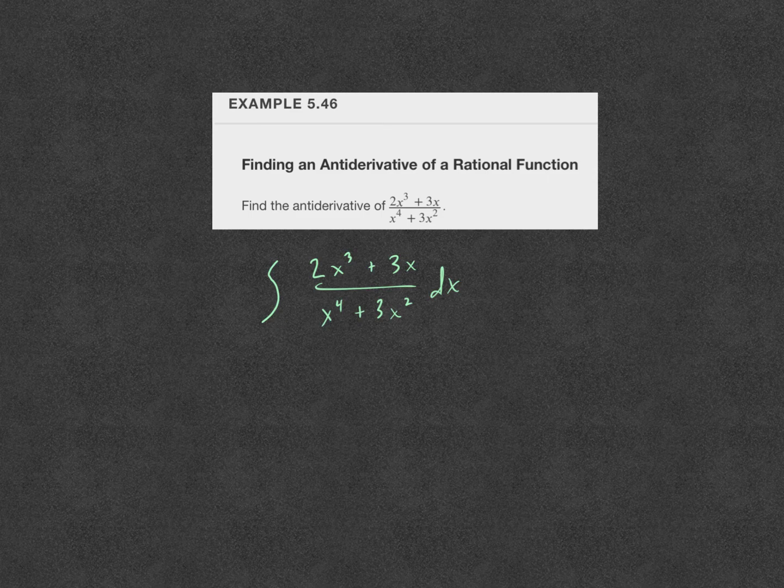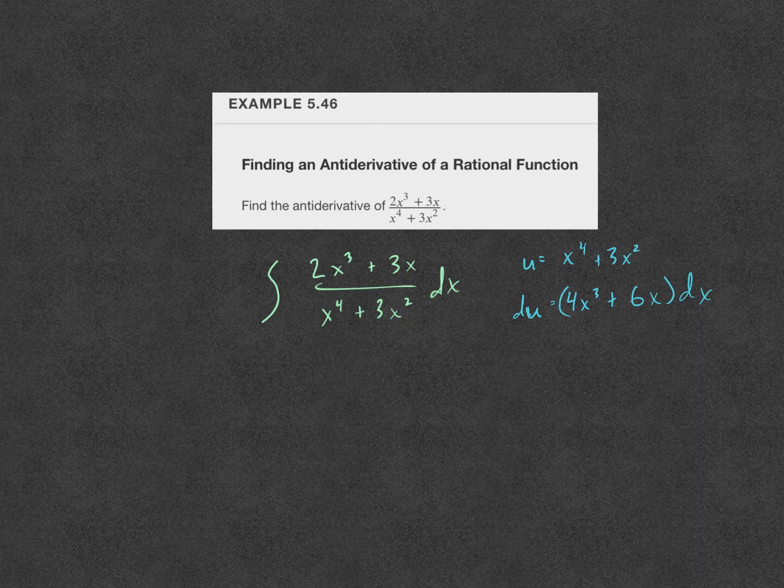What I want you to notice: x to the 4th plus 3x squared in the denominator, 2x cubed plus 3x in the numerator. If you take the derivative of the denominator, you almost get the numerator. And that's what's going to allow this one to be doable. So what do I mean by that? If I set u equal to the denominator, x to the 4th plus 3x squared, and then take its derivative, 4x cubed plus 6x dx, you almost get the numerator, right?